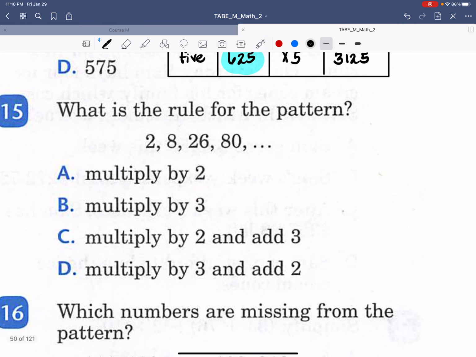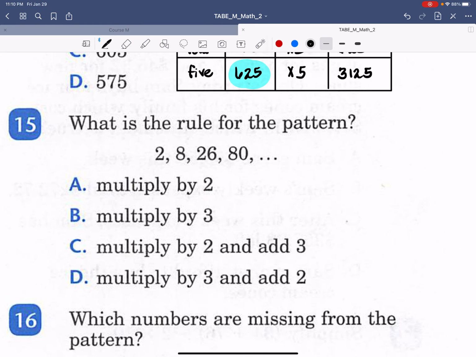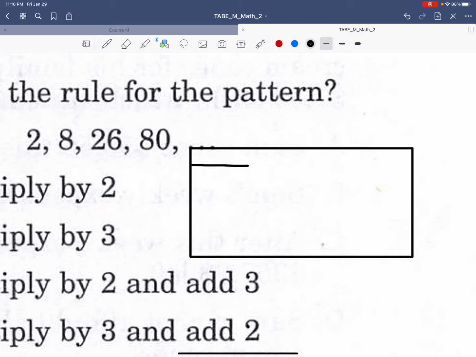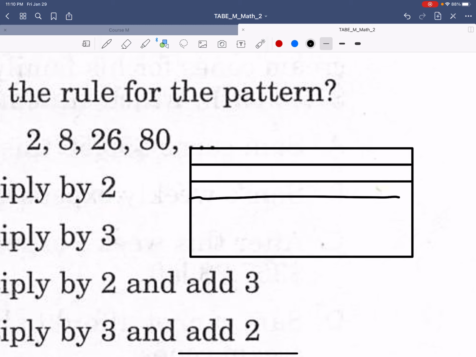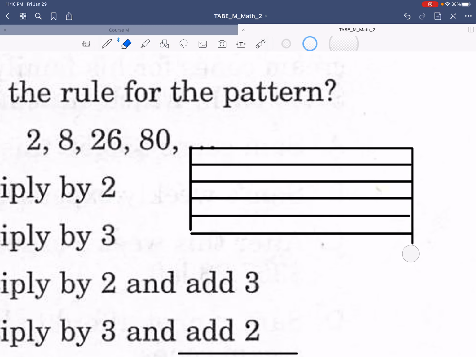Number 15. What is the rule for the pattern? I have 4 numbers, no word problem, so I just need 5 rows on this one. There's my header row, and then 4 input rows. All right.